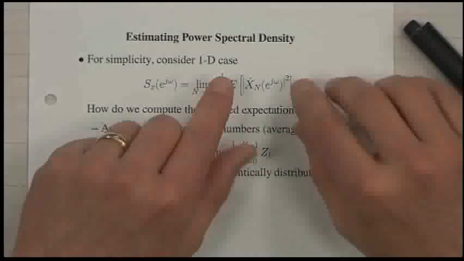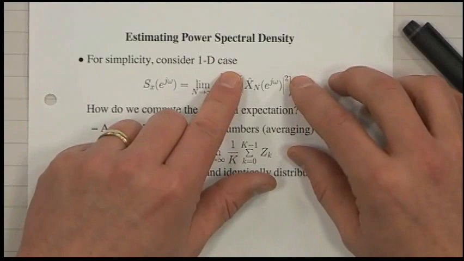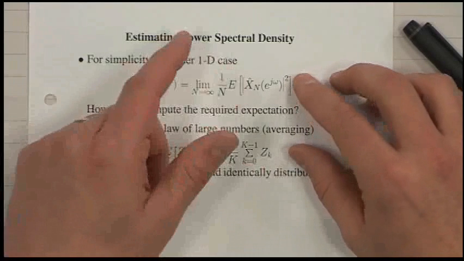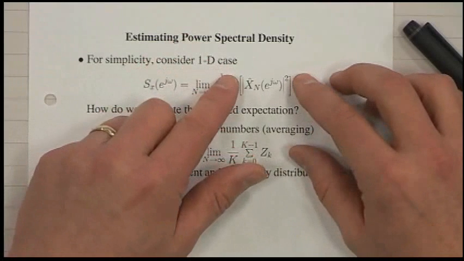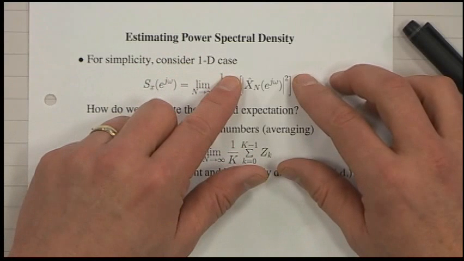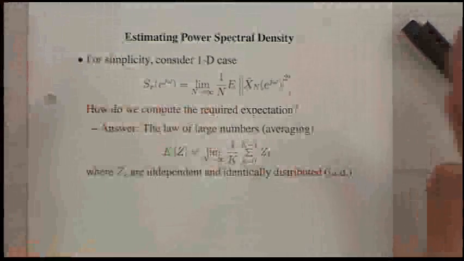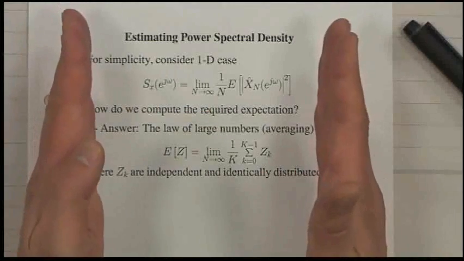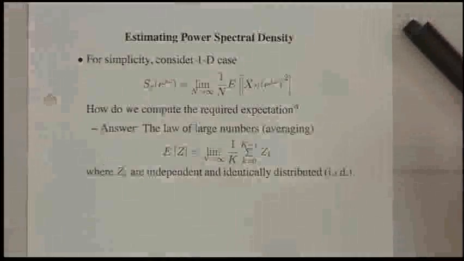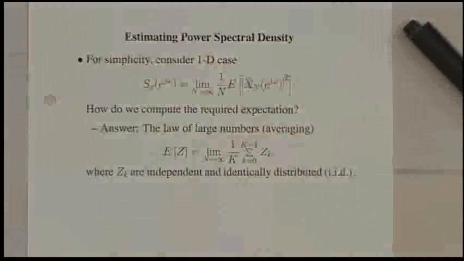You need to truncate it because if you took the Fourier transform of the infinite sequence, its transform would be infinite. So in order to get a finite transform, you have to take a truncated piece of it. But when you truncate it, you're not going to get a perfect estimate of the power spectrum, because whenever you truncate something in time, you spread it in frequency. So the more truncated it is in time, the more spread it is in frequency.